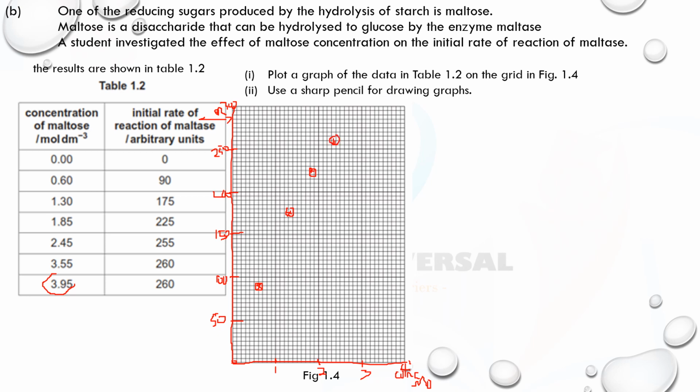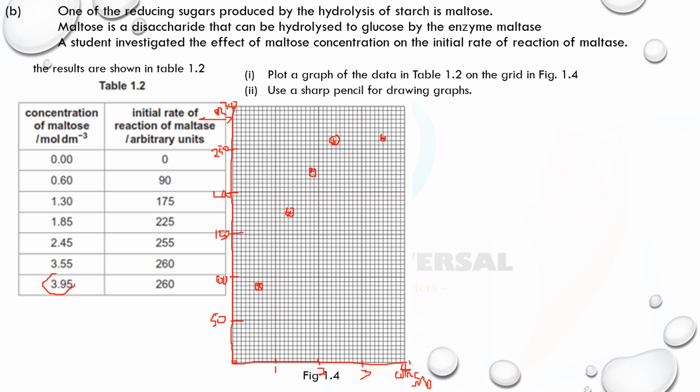And then 3.55 and 260. That's the next row. 3.55 is somewhere here, and 260.